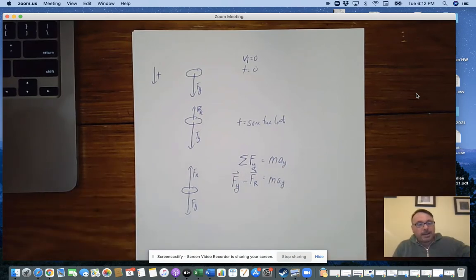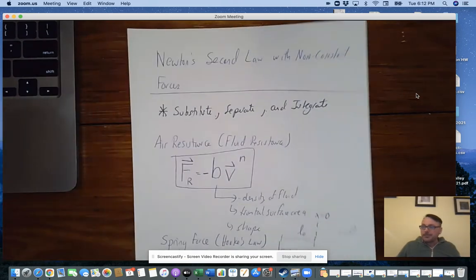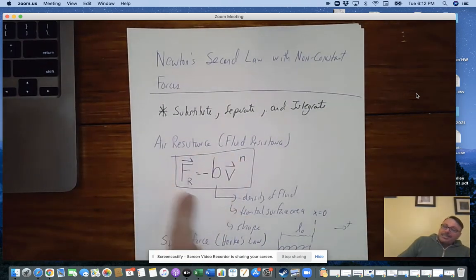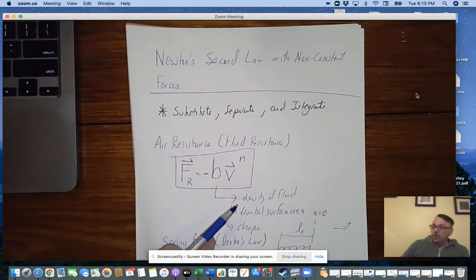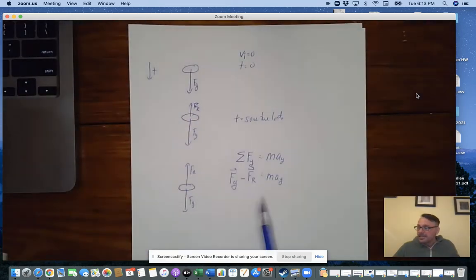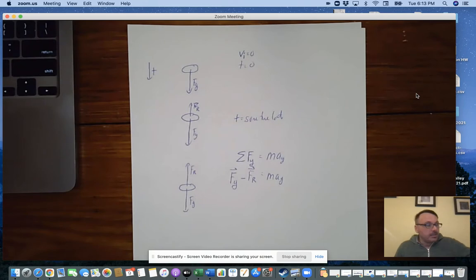So why problematic? Well, let's go back over to this. The definition of the resistive force encodes this negative sign. So when I assign directionality to the force there, that's problematic.